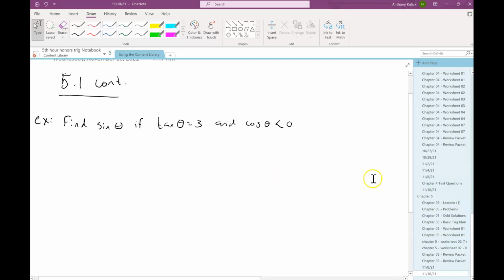So let's say we're asked to use identities to find the value of sine if tangent theta equals 3 and cosine theta is negative.